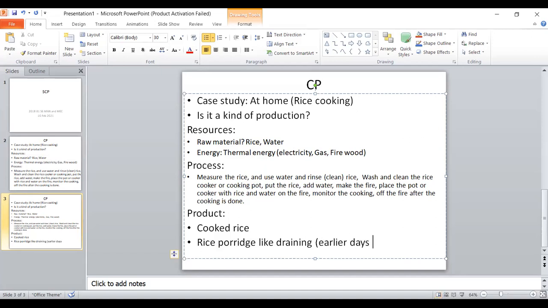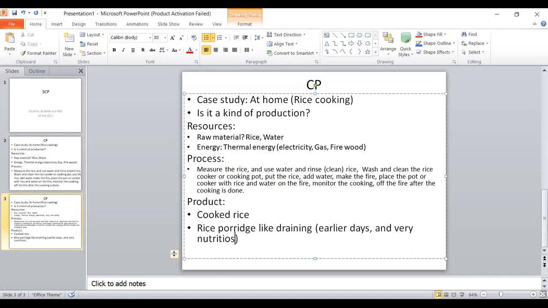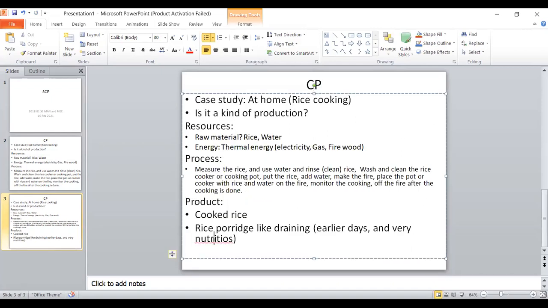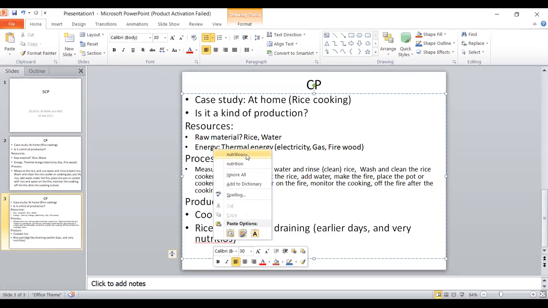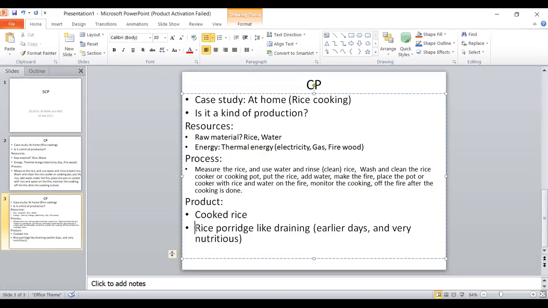This is very nutritious. If this rice happens to be organic and with a lot of fiber, this is very good. So this is a byproduct.